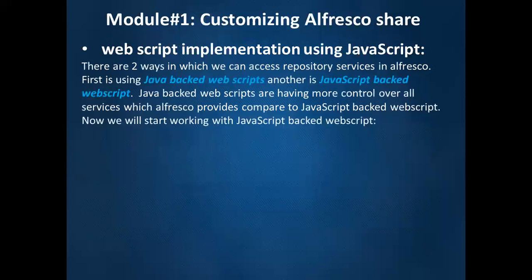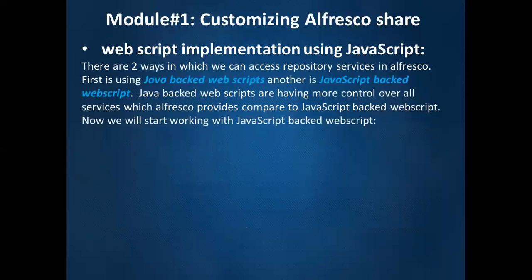Now we will start working with the JavaScript-backed web script. As I said, Java-backed has more control over all services in Alfresco compared with JavaScript, but we will not cover it today.